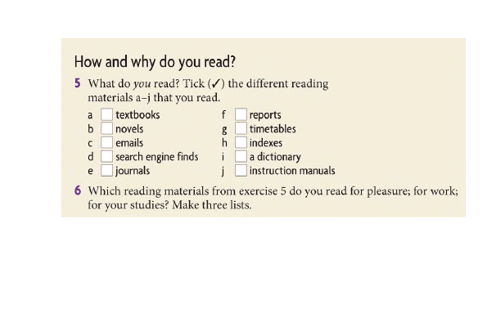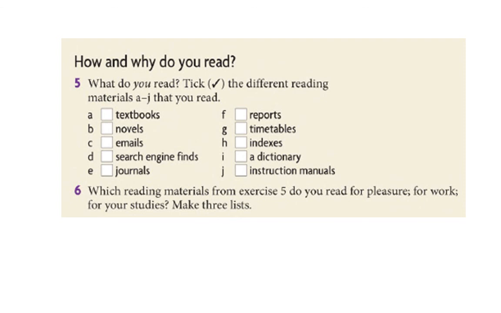Search engine finds means, for example, using Google to find information or sources. Journals, reports, timetables, indexes, dictionary, instruction manuals. So these are examples. We ask you to take what different reading materials you read.